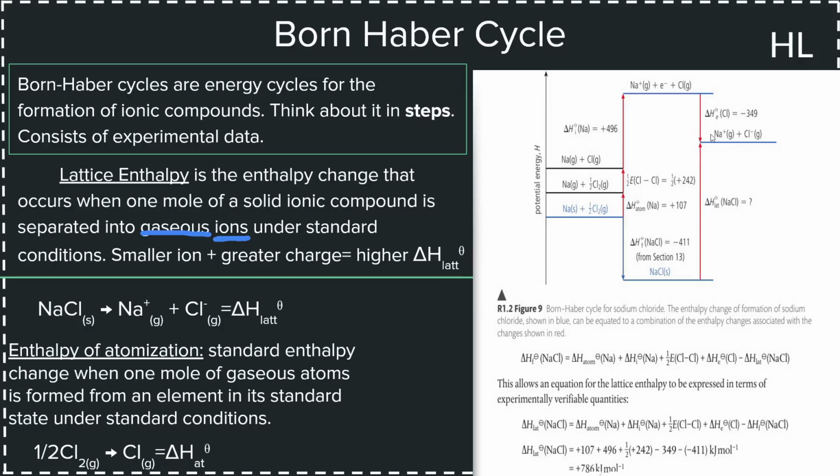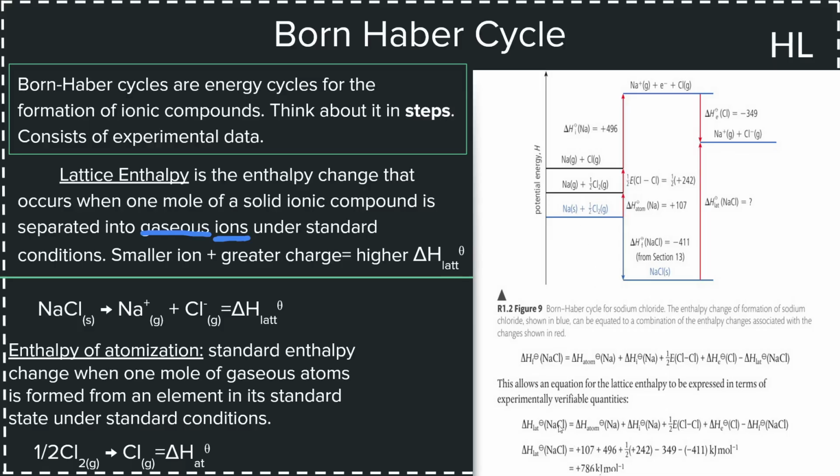Now we have our gaseous ions, right? On the next step, we'll be getting them to their solid ionic compound. So now that we have all these values, we're going to add them up to get our lattice enthalpy. If you look at the problem down here, we're going to have 107 plus 496, in order.